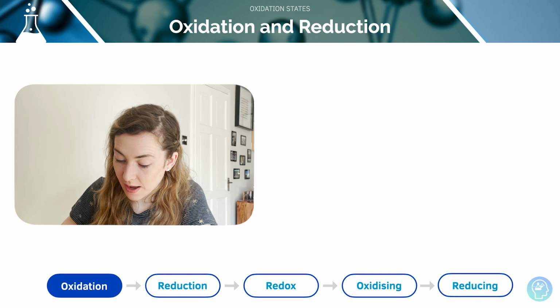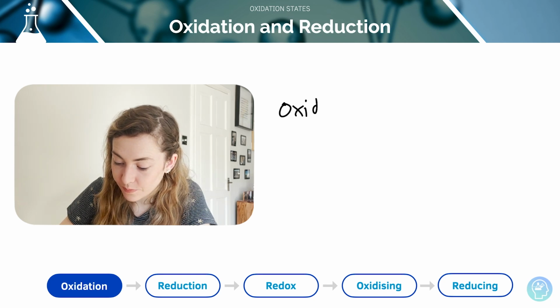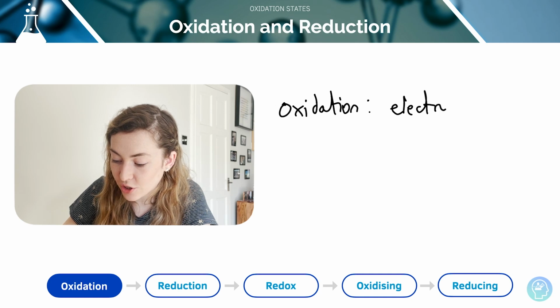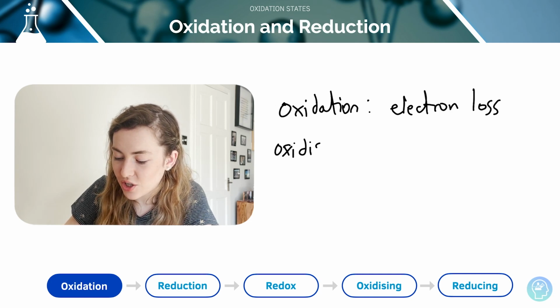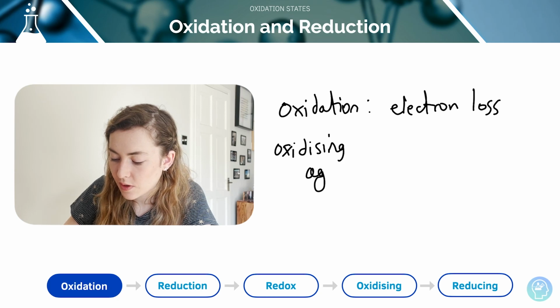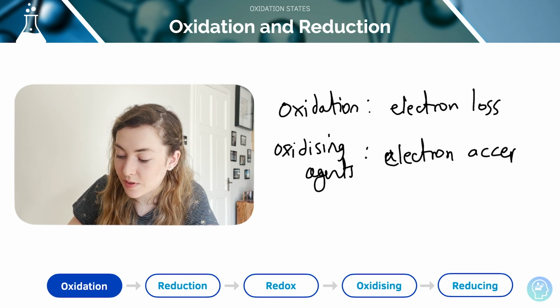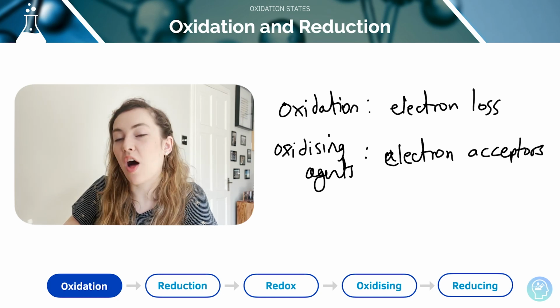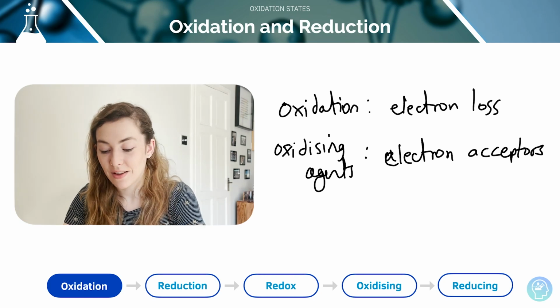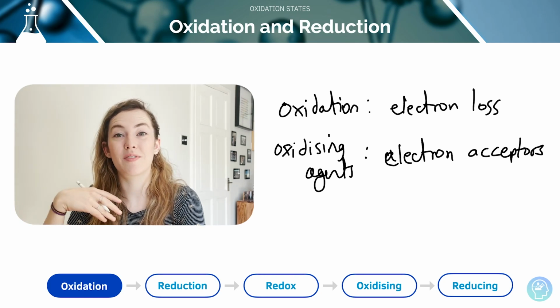A reminder, if we're talking about oxidation, we are talking about the process of electron loss. And oxidizing agents are electron acceptors, meaning the other compound gets oxidized and they themselves get reduced.